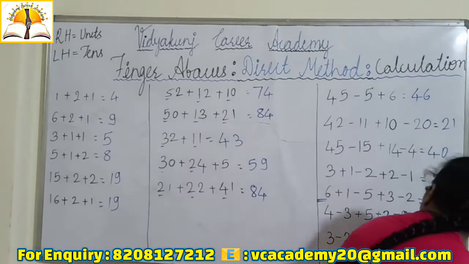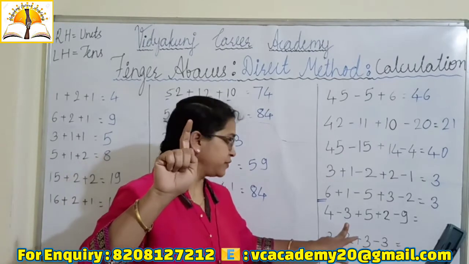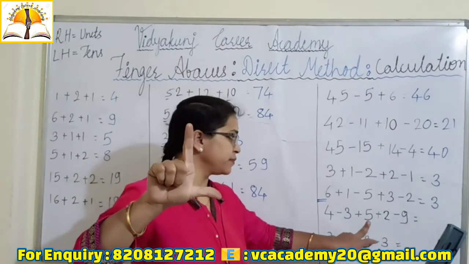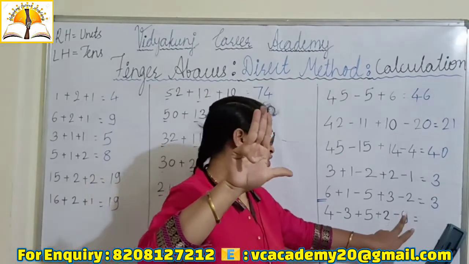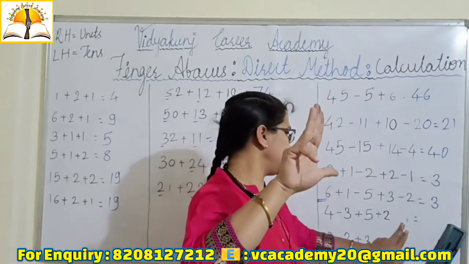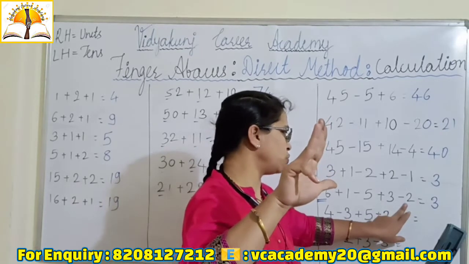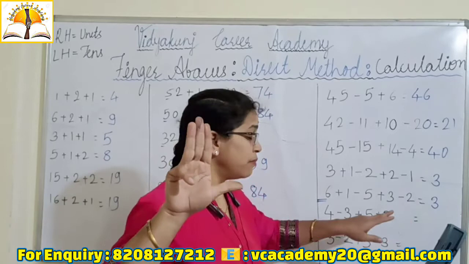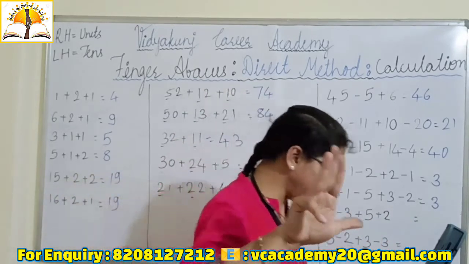Okay. 4 minus 3, then plus 5, then plus 2, minus 9 here is not possible, then I will erase this one. Okay, I will teach you later according to the concept. You have to follow my videos. Okay, then what is your answer? 8.